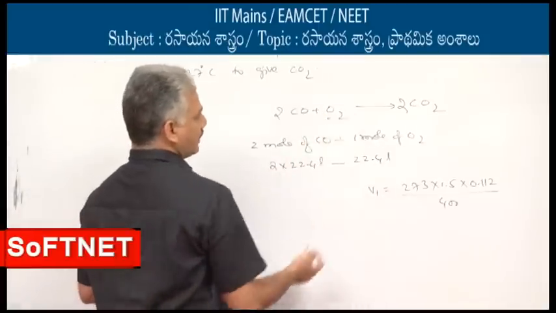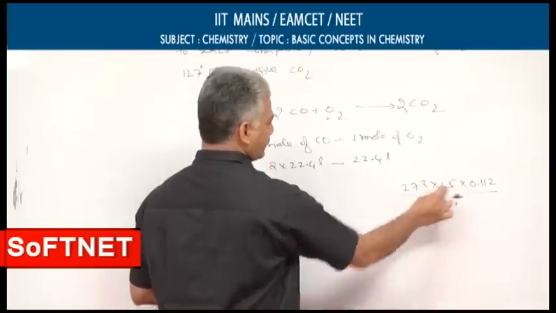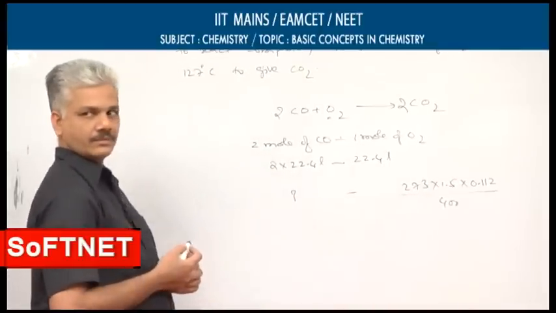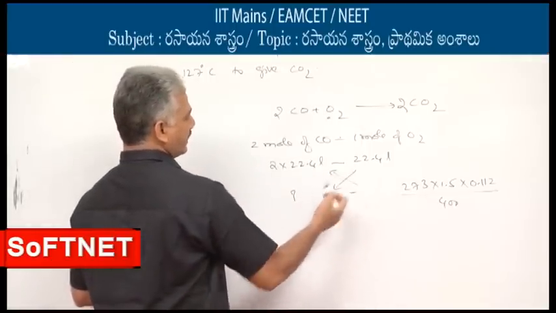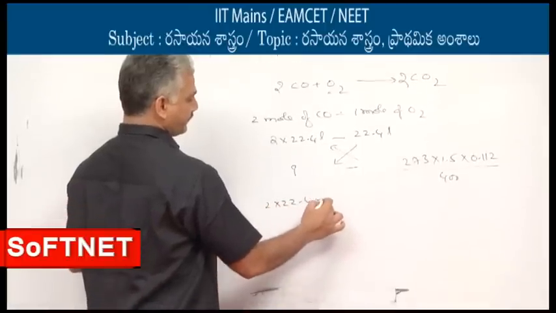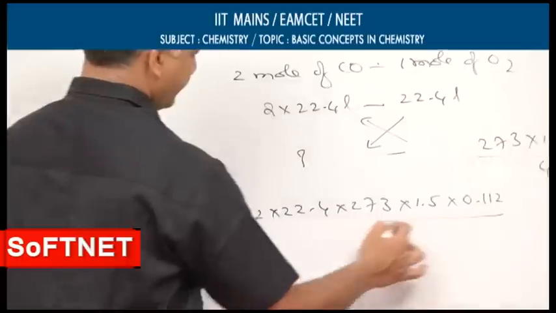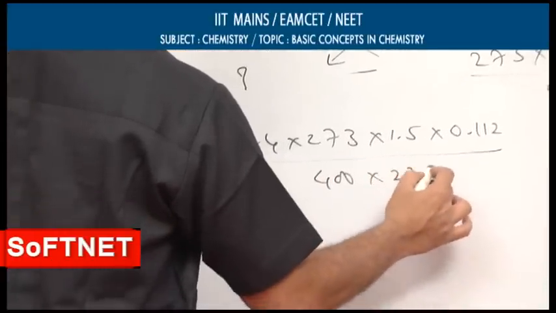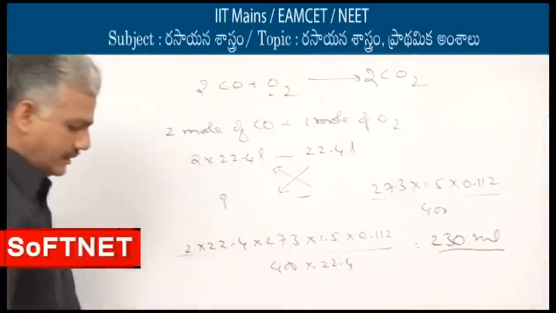Now, the volume of oxygen involved in the problem is equal to this much. So, it can interact with how much of carbon monoxide, that is the problem. So, in the reverse calculation way, you have to do it. The value approximately comes out to 230 ml.